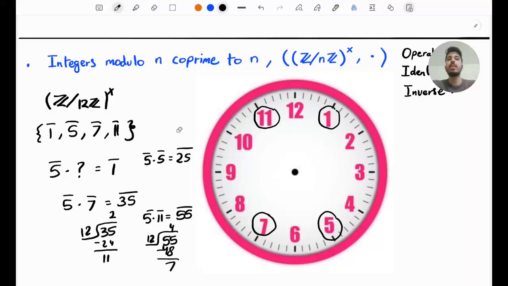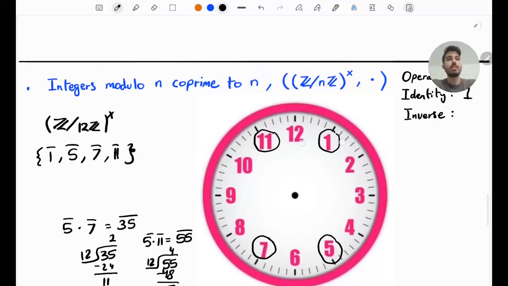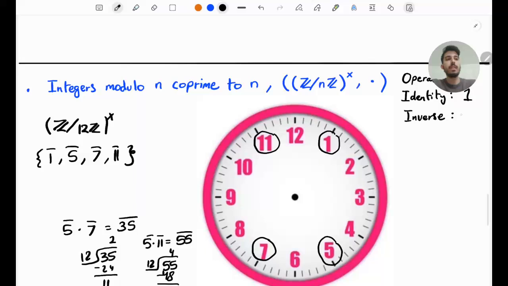And so every element in this group is its own inverse. And that, ladies and gentlemen, is a coincidence. Not all groups have this property. So in this case, the inverse is the multiplicative inverse. That gives 1.